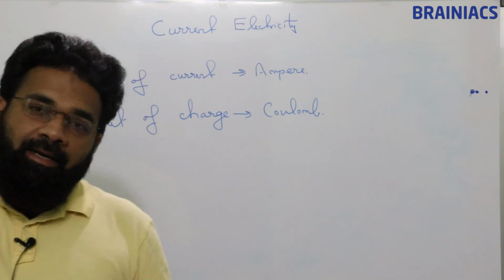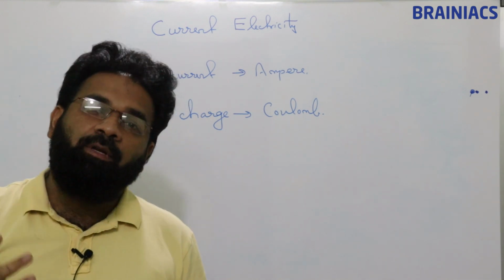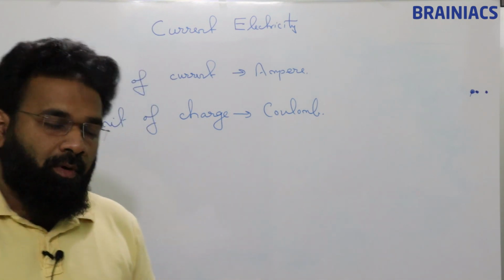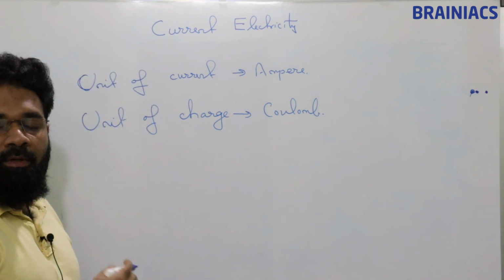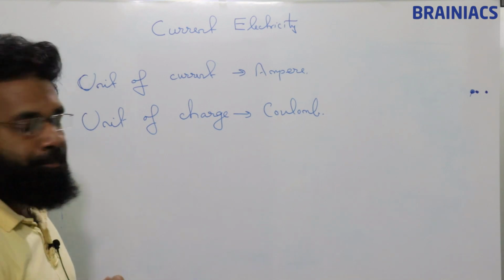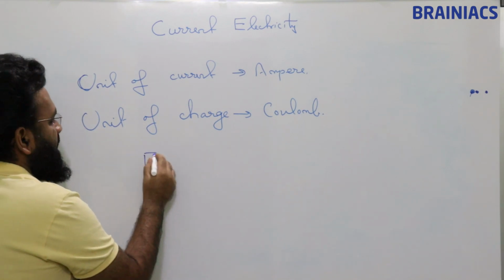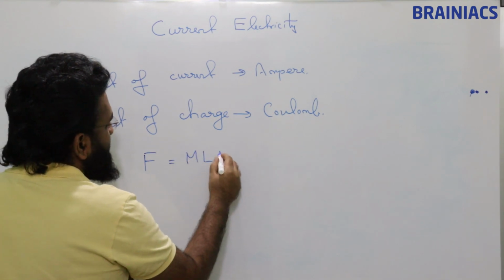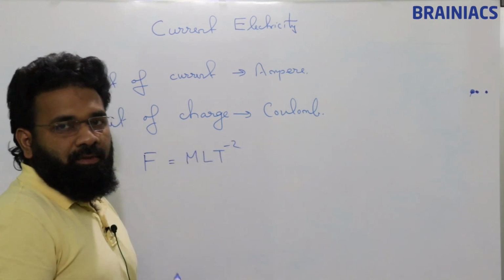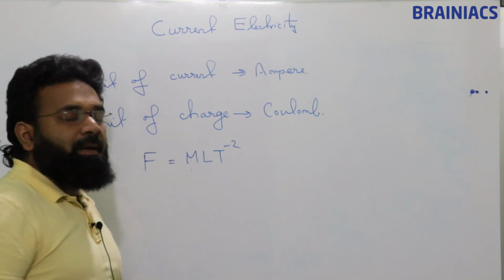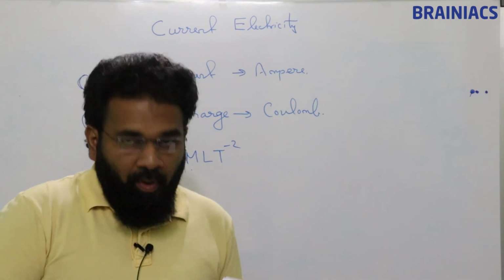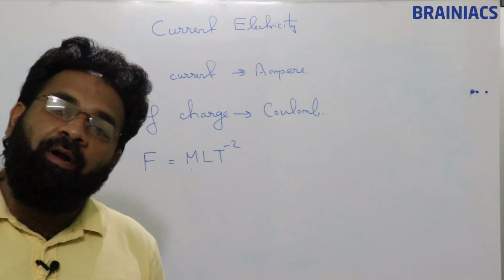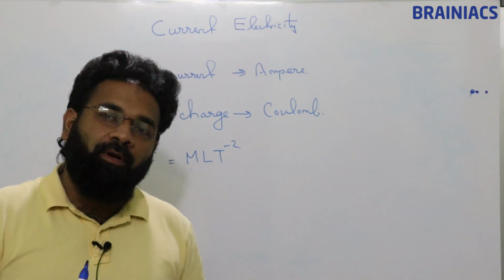Finding the dimension of any physical quantity is important. Whatever physical quantity we come across, we will find the dimension of that. For example, force, you know, is MLT raised to minus 2. Likewise, we find dimensions. For finding dimension, we always use fundamental units only.